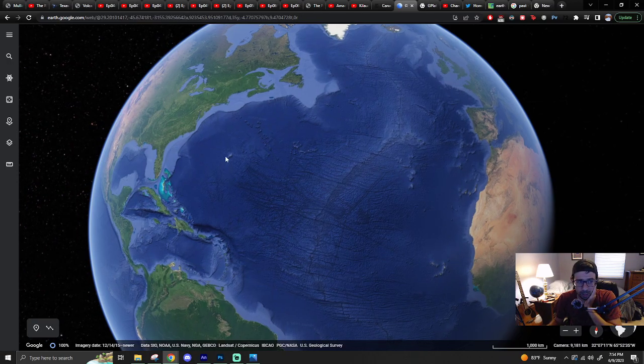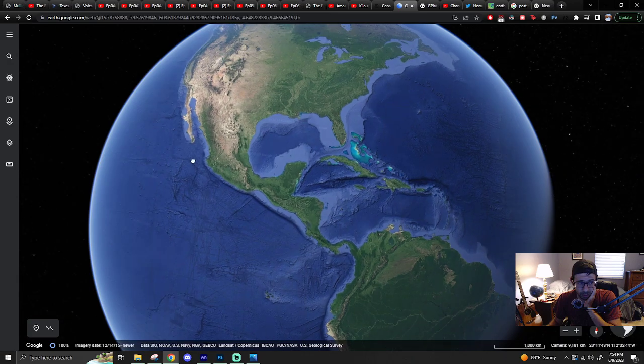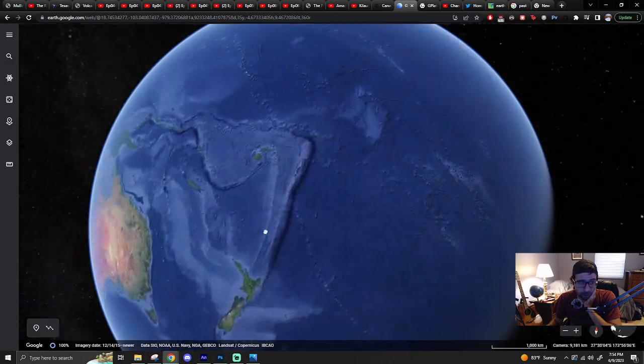But they weren't necessarily exactly like that until they moved adjacent, like how Papua New Guinea was here.